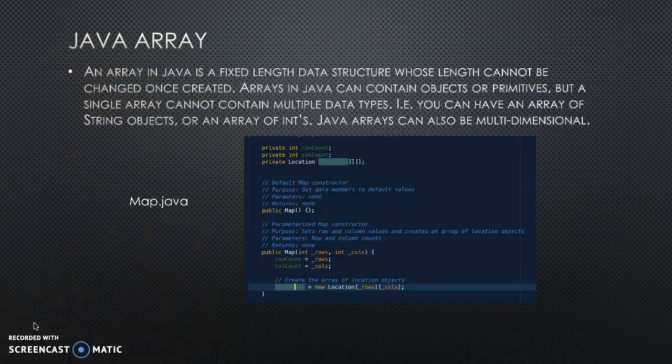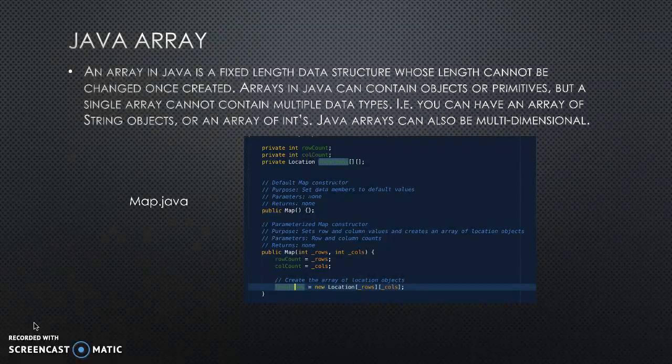Arrays in Java can contain objects or primitives, but a single array cannot contain multiple data types. So you can have an array of string objects or you can have an array of primitive ints, but you cannot have an array that mixes string objects with ints. Java arrays can also be multidimensional, so you can make them two-dimensional to simulate rows or columns.